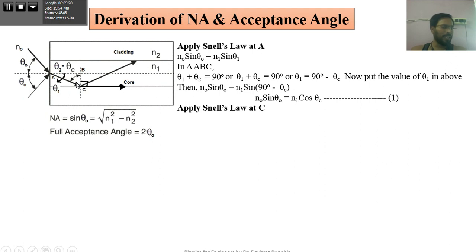Light is entering at an angle θ2 and the refractive index is n1.